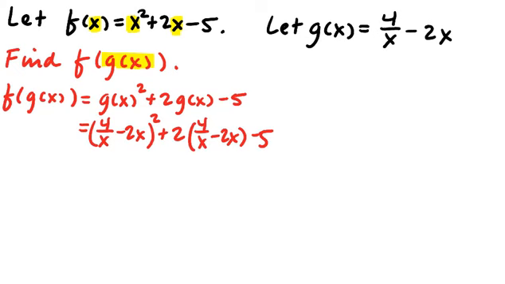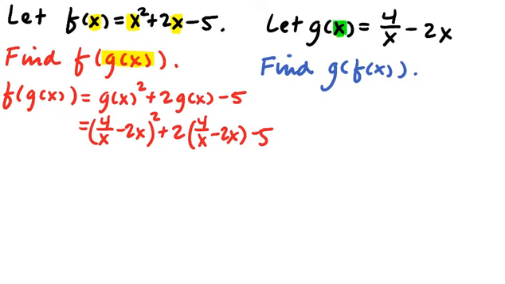On the other side, we've got g of f of x. Now remember, g of x is 4 divided by x minus 2 times x. So for g of f of x, I'm just going to have to plug in f of x wherever I saw x initially.